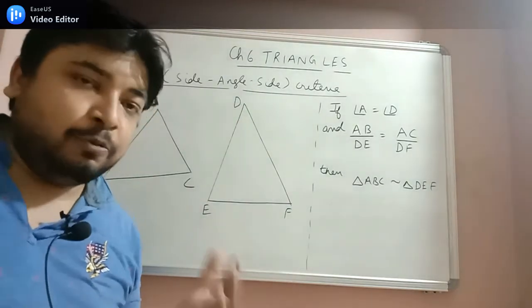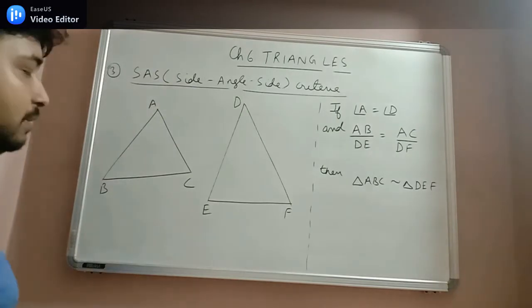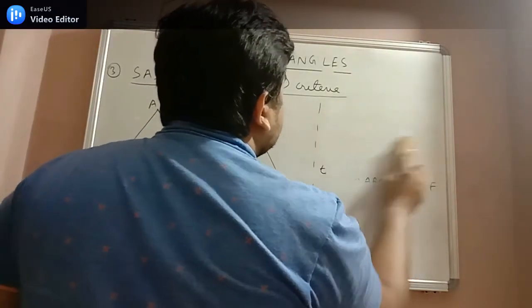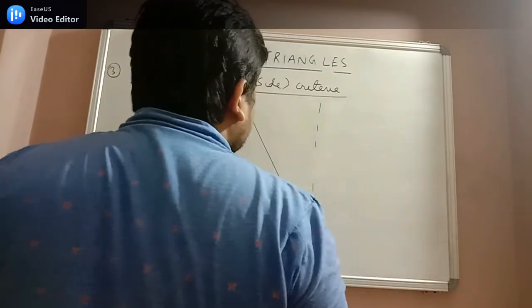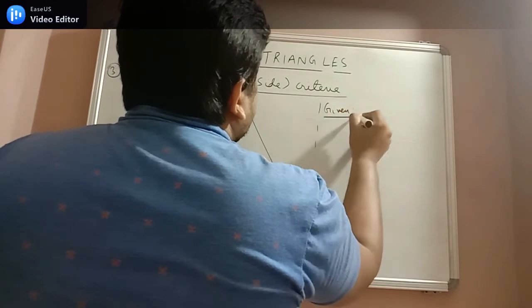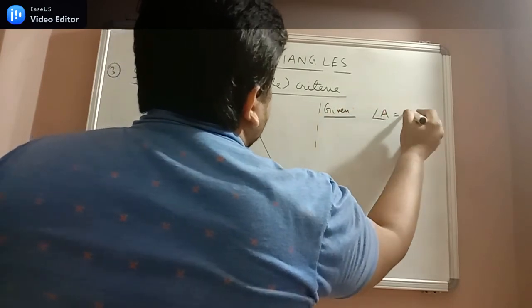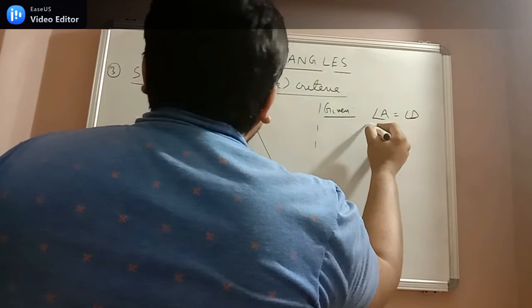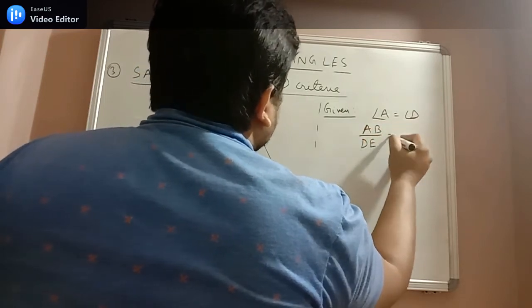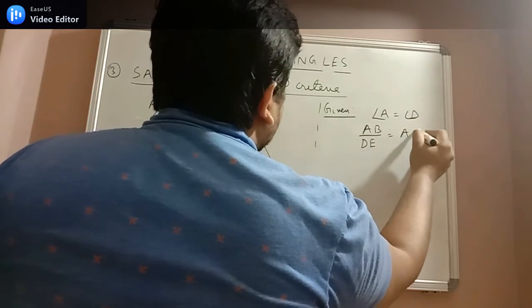Now let's try to prove this theorem. It is given to us angle A equal to angle D and AB upon DE equal to AC upon DF.